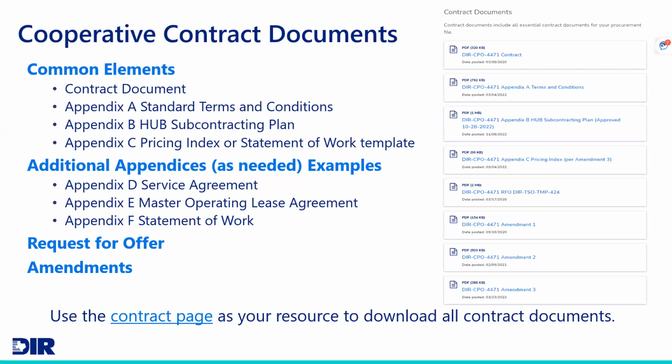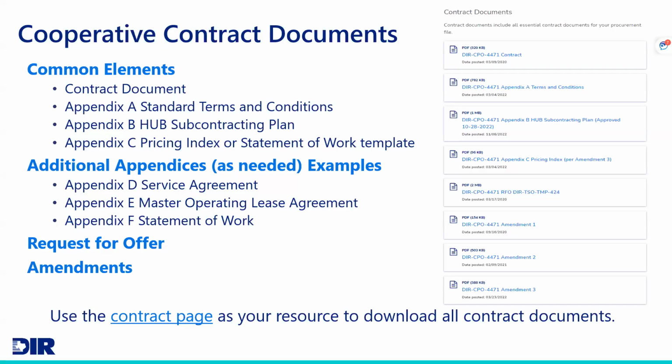Or B, it will tell you if that vendor is utilizing any resellers or subcontractors under the scope of their DIR contract. So keep in mind that vendors can update that HUB form at any point during the term of their DIR contract. They can add or remove resellers or subcontractors at any point. So it's important to have the most current HSP form in your contract file.